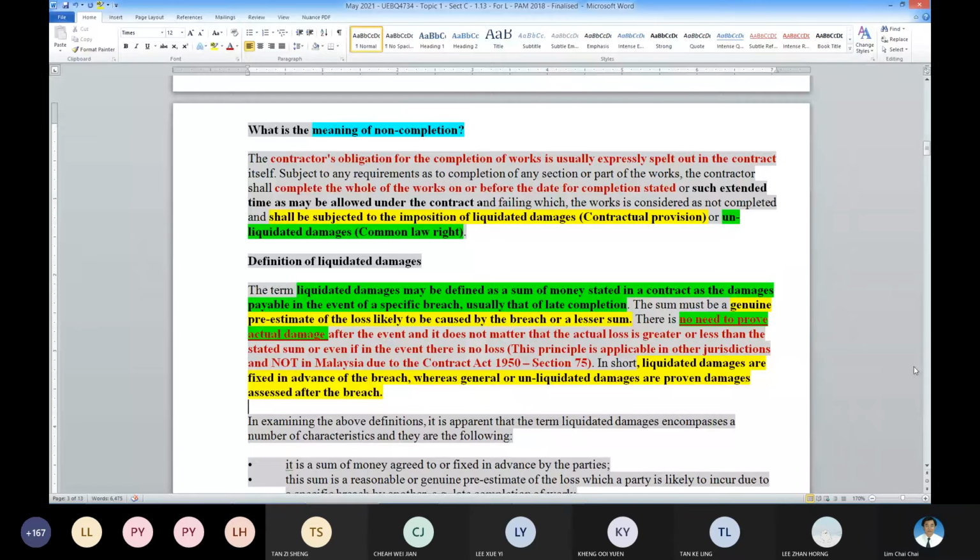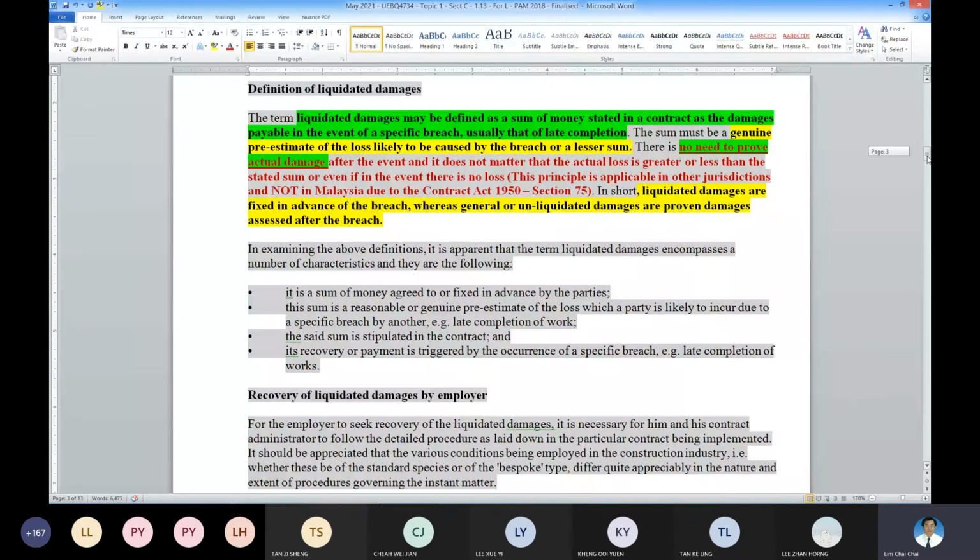So, a summary of liquidated damages: a sum agreed or fixed in advance by the parties. Okay, it has to be a reasonable or genuine pre-estimate. And then it must be stipulated in the contract. I mentioned to you at the back there, I keep on stressing this point. It must be stated in the contract here.